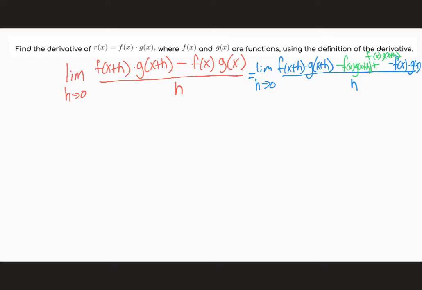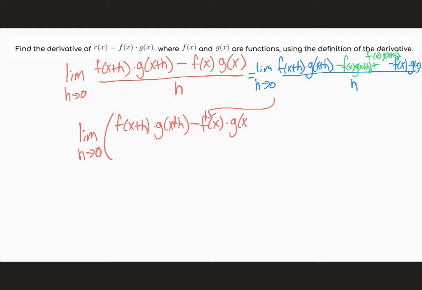What I'm going to do with that is break that into two separate pieces so that we have the limit as h approaches 0, and that first piece is f of x plus h times g of x plus h minus f of x times g of x plus h, all over h.